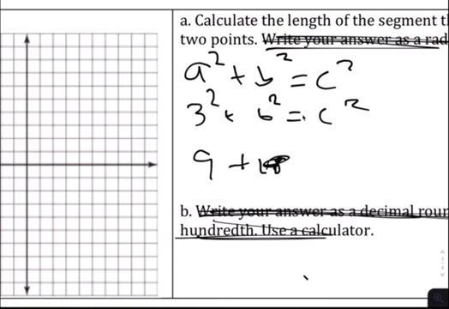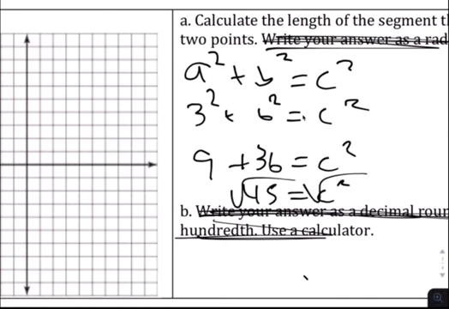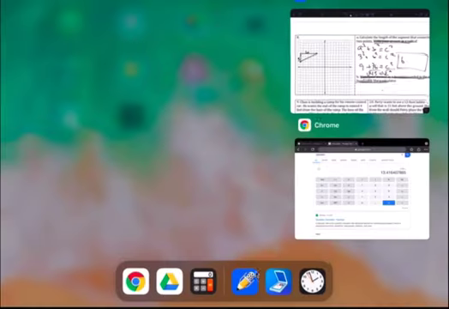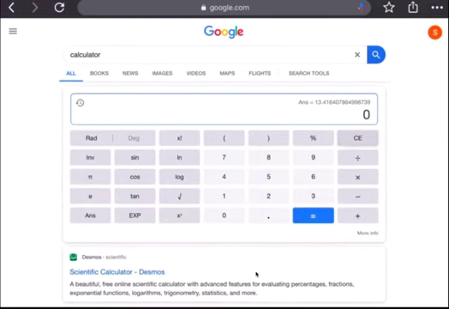What am I doing? It's 36. So 45 equals c squared. Take the square root. The answer is 6 point something. Use the calculator and find it. Okay, I'll just show it to you. 6.7.